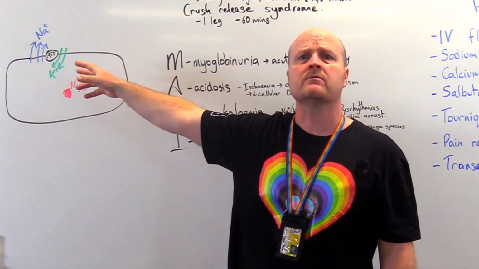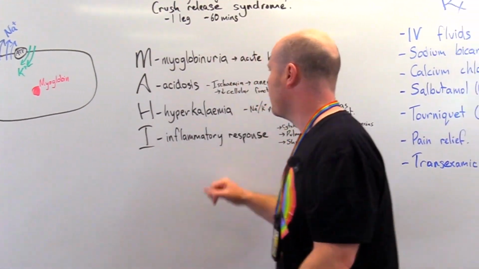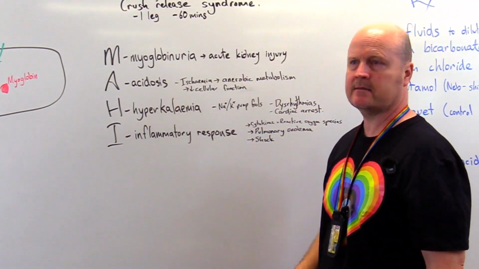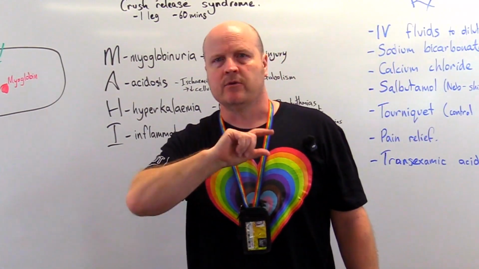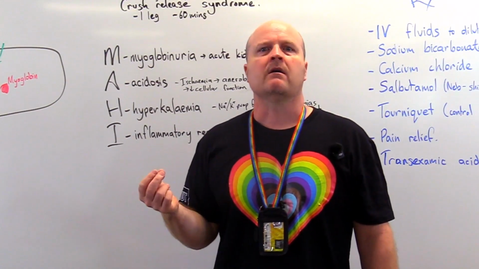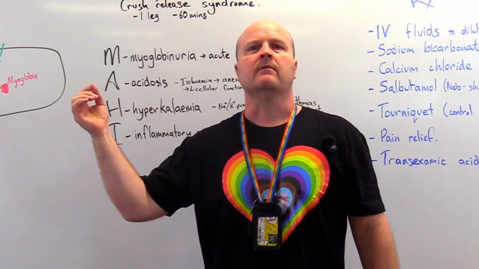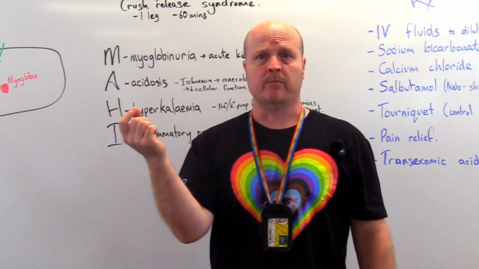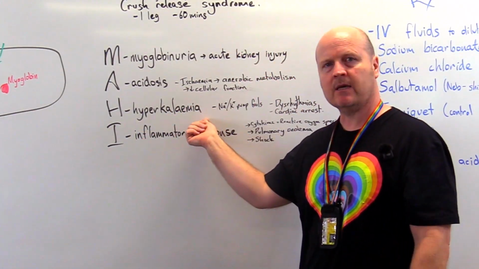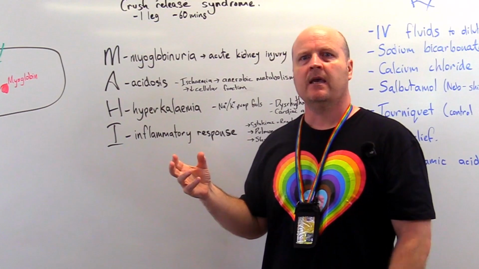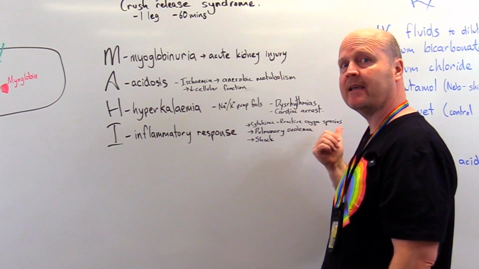If that pump fails, then we're going to get potassium leaking out again. So hyperkalemia, too much potassium. This is a problem because our nerves and our heart rely on the correct balance of electrolytes for muscle contraction and for nerve impulses to run along our wires. So if we've got hyperkalemia, when we release that crush, it can lead to cardiac dysrhythmia or cardiac arrest.